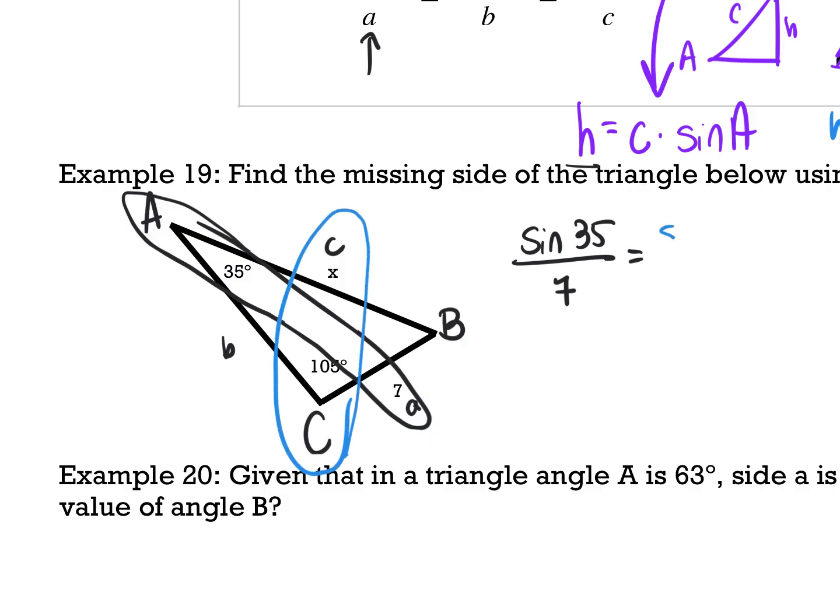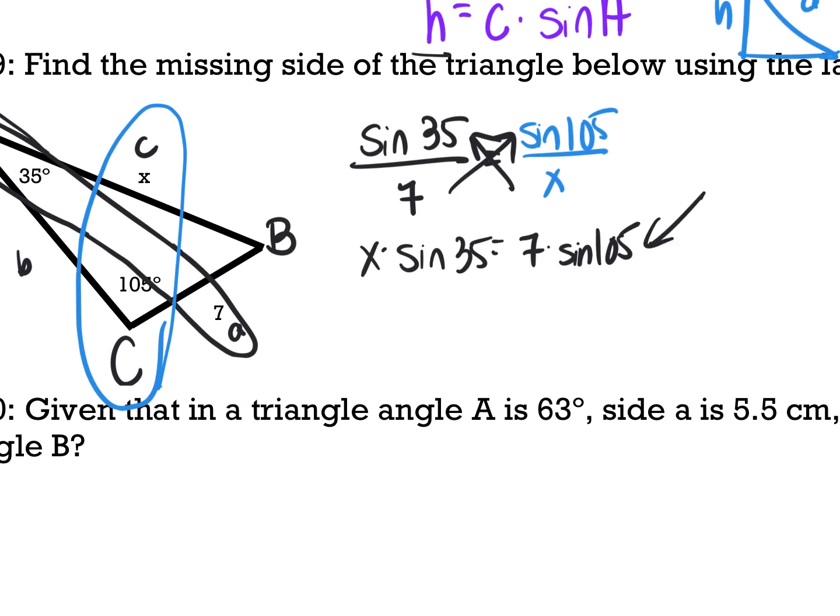So in this case, sine of 105 over x. Now, this is just a cross multiply and divide type of situation. Just be very aware that these values are in degrees, so if you're doing this in your calculator, you will want to use degrees. So if I cross multiply, x times sine of 35 equals 7 times sine of 105.